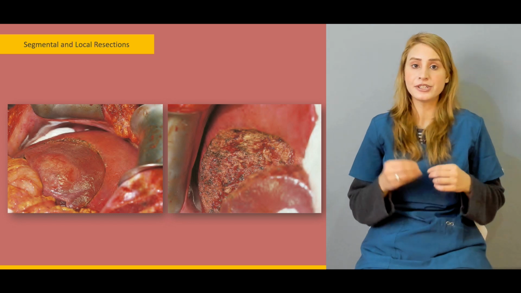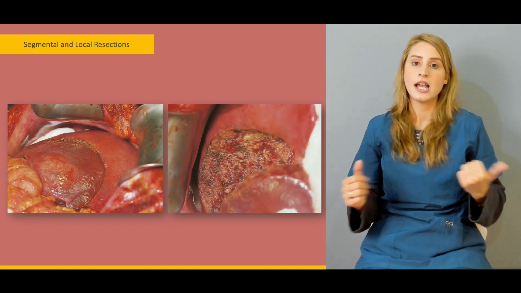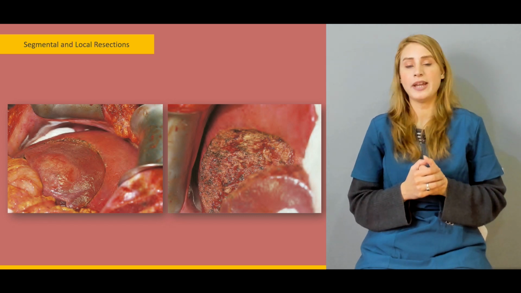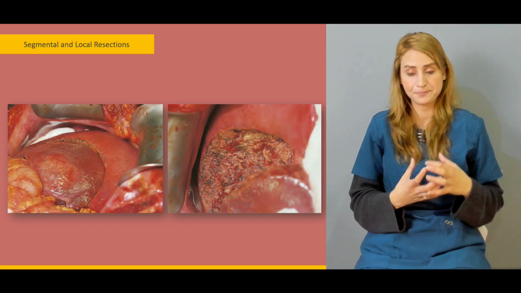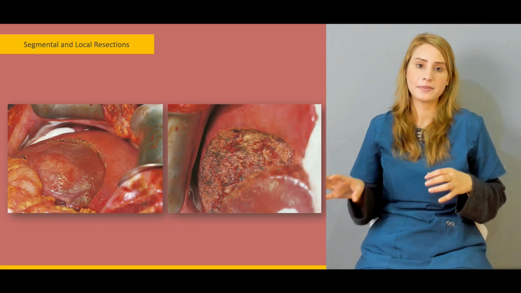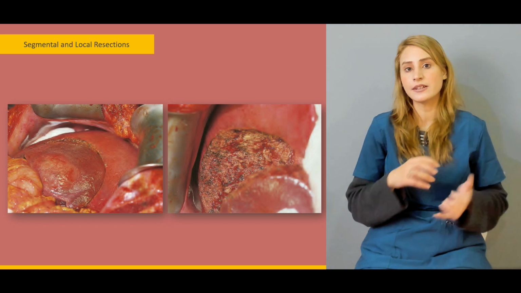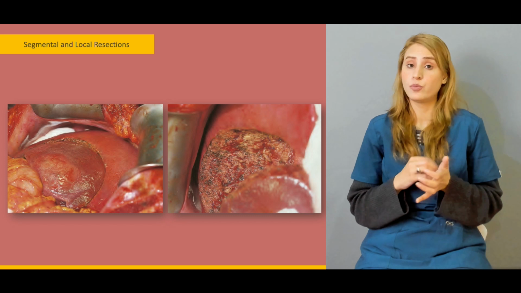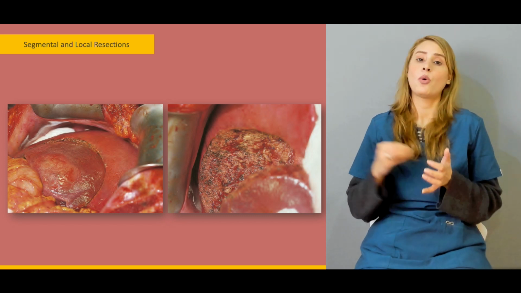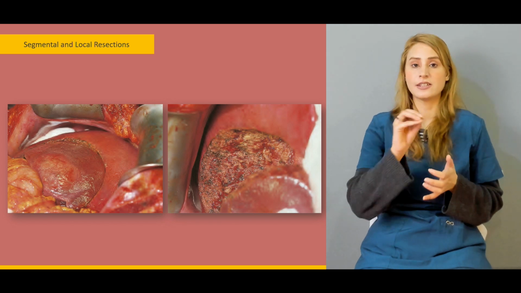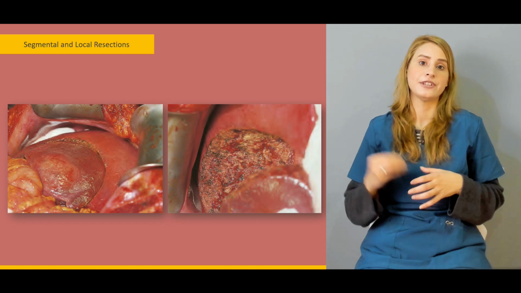Either you do the segmentectomy, as I have shown you in the previous pictures, where you divide the right and left lobe into different segments, 4 segments on the left lobe and 4 segments on the right lobe. So you can remove one segment because maybe a metastatic lesion or adenoma is located in that particular segment, so you do the segmental or local resection.